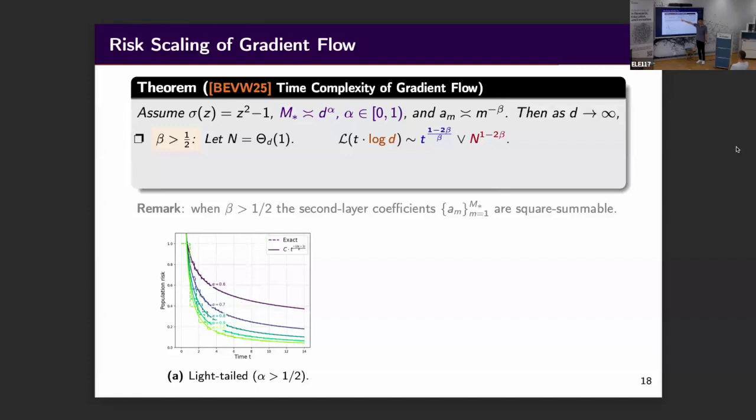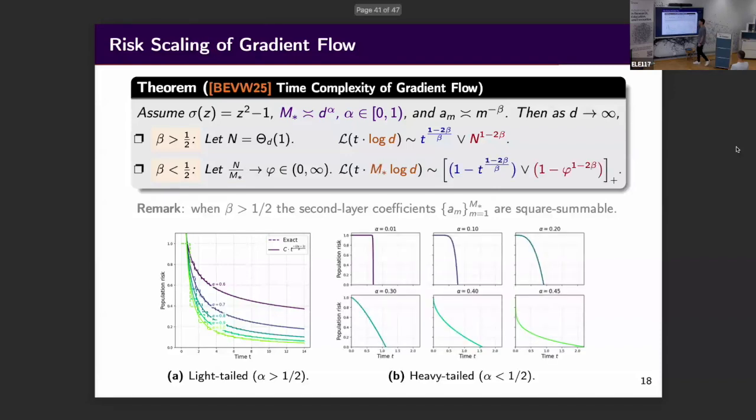This is what the risk curve looks like. It's the same as before, it's just that here I'm not plotting the y-axis on a log scale. So this is the light tail scaling law we get. We can also handle the heavy tail case where beta is smaller than 1/2. So now the second layer is not square summable.